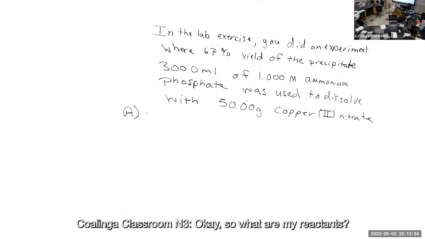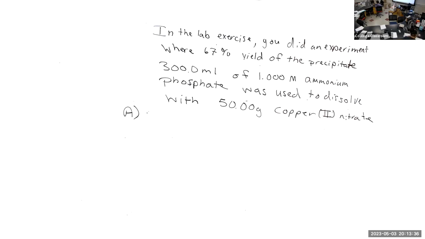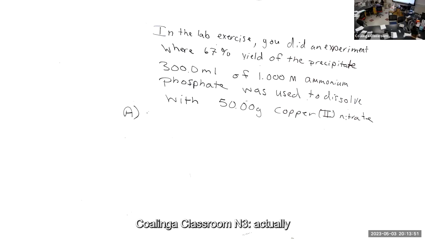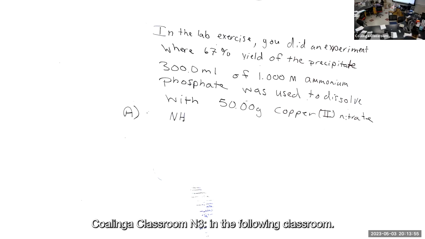Okay, so what are my reactants? Ammonium phosphate and copper(II) nitrate. What is the chemical formula for ammonium phosphate?